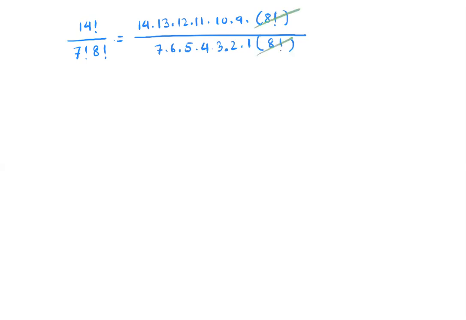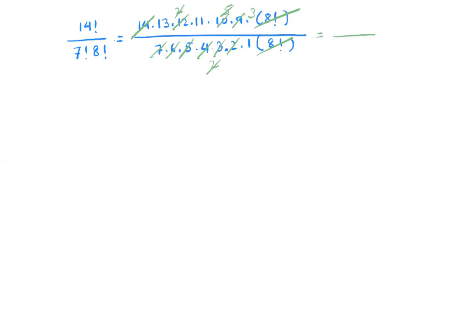Then let's see. 7 and 2, 14, and this 14 is going to cancel out. 6 goes into 12 2 times. 2 goes into 4, 2 goes into 4 twice. 2 goes into 10 5 times. 5 and 5 cancel out. 3 goes into 9 3 times. So everything in the bottom is gone. Normally, that's how you get it.